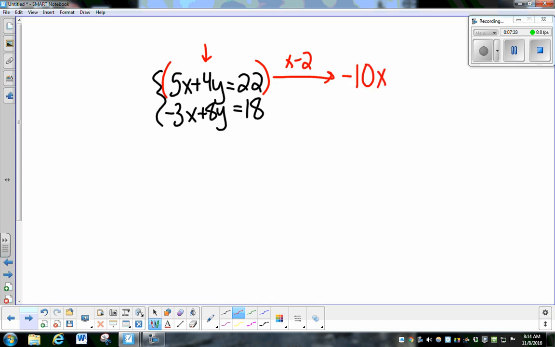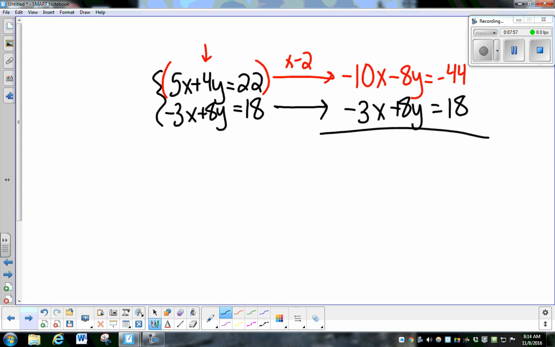So 5x times -2 is -10x minus 8y, because I multiplied it by -2, equals -44, because I multiplied that 22 by -2. The bottom equation, I'm just going to keep it the same because that way those y's will eliminate. So now I'm going to add these up. We really didn't change anything.